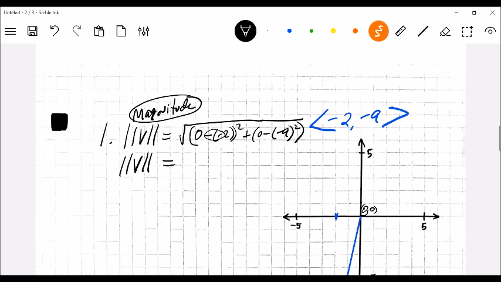So this is positive 2, and positive 2 squared is 4. This is positive 9, and positive 9 squared is 81. So the absolute value, the magnitude, is square root of 85 units, which is approximately 9.2 units.